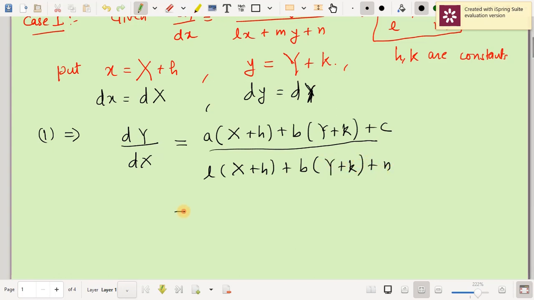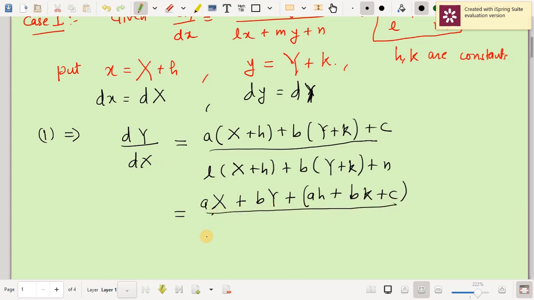Now we will simplify this and put it in standard form, looking at the coefficient of X, the coefficient of Y, and the constant term in the numerator as well as in the denominator. In the numerator, it is aX plus bY, with ah plus bk plus c as the constant term.